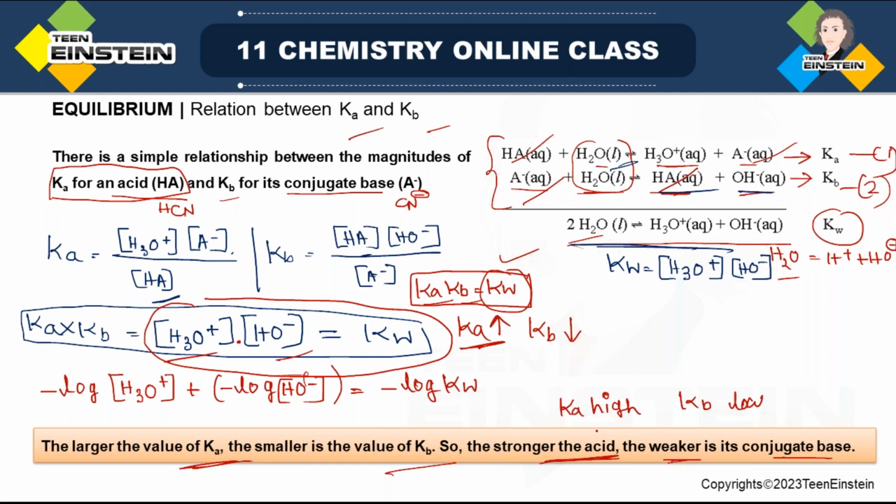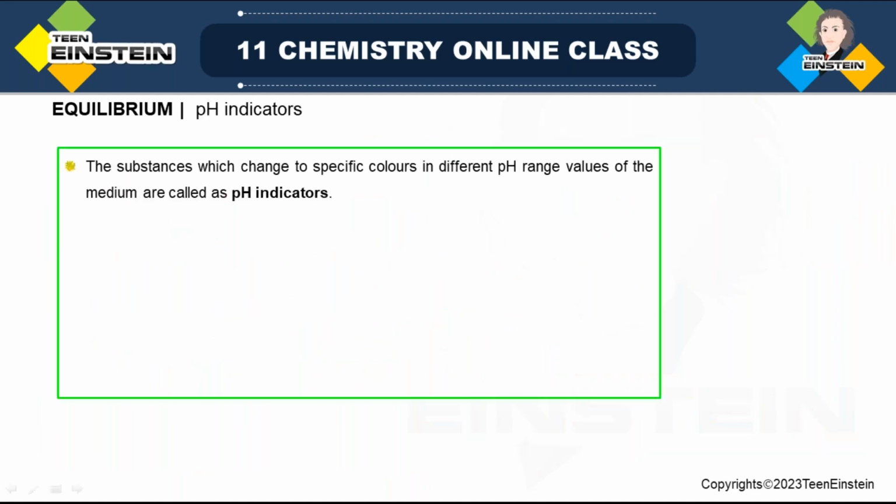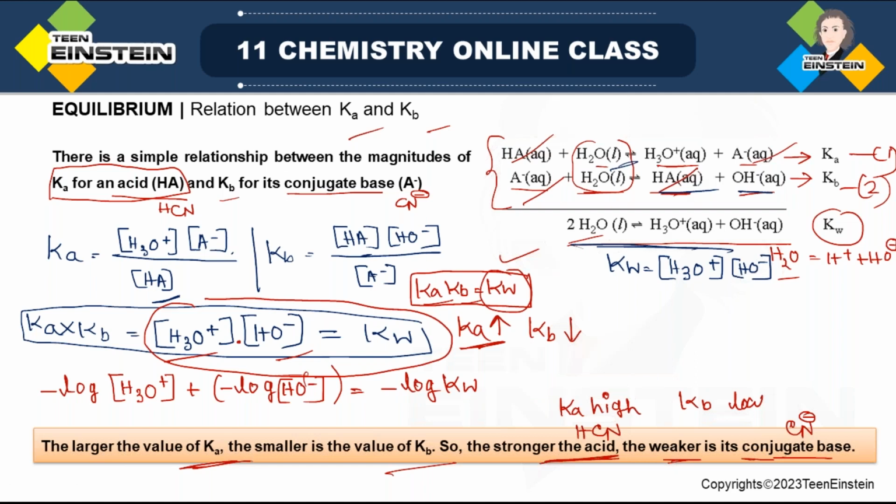In this case, the acid we have taken is HA, or you can consider HCN. The conjugate base is CN-, which is a very weak base. And remember, the same conclusion applies the other way: if the acid HCN is weaker, meaning Ka is very low, obviously Kb will be high. The reverse statement is also true.